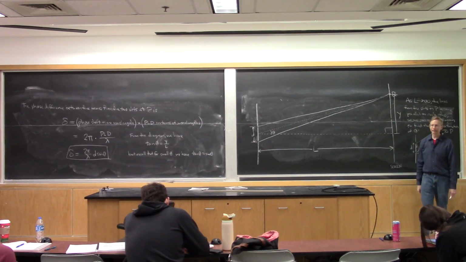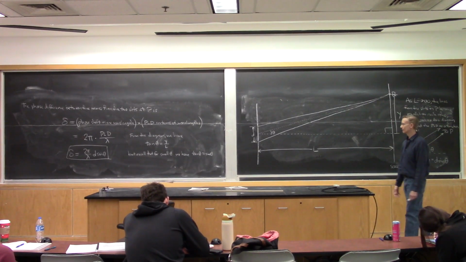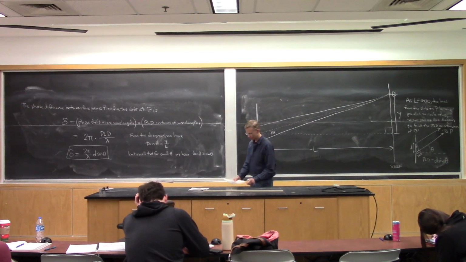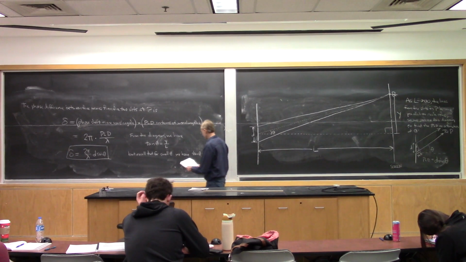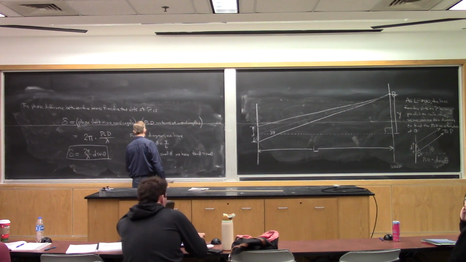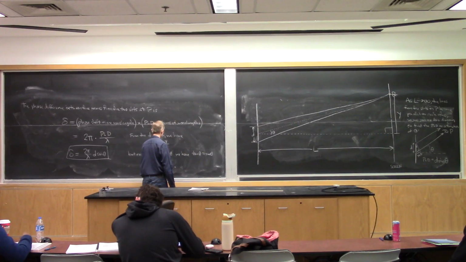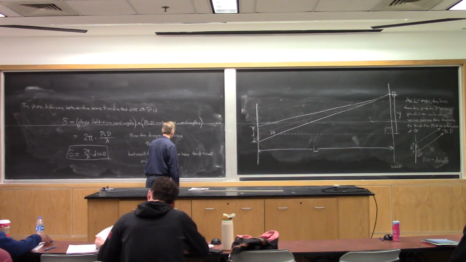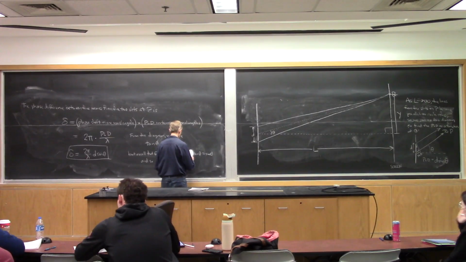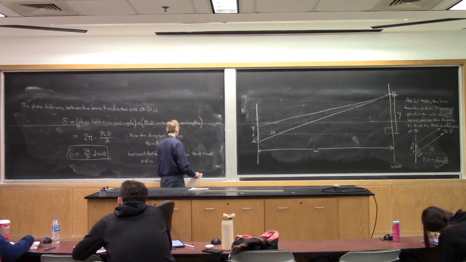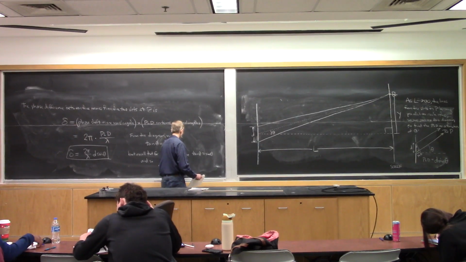And so we can say, to an awfully good approximation, sine theta and tan theta are the same. And so d sine theta, which is so important to us because it's the path length difference, to an awfully good approximation is just d times y divided by L.